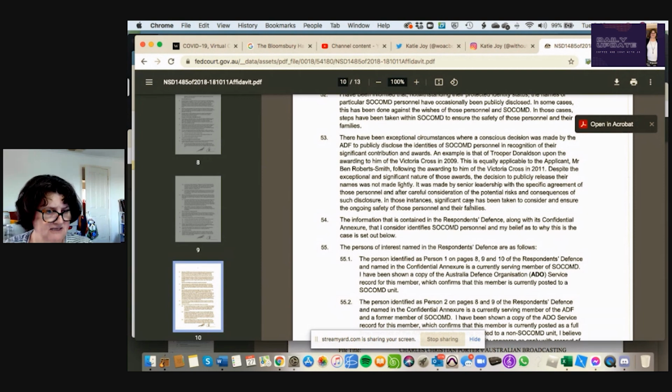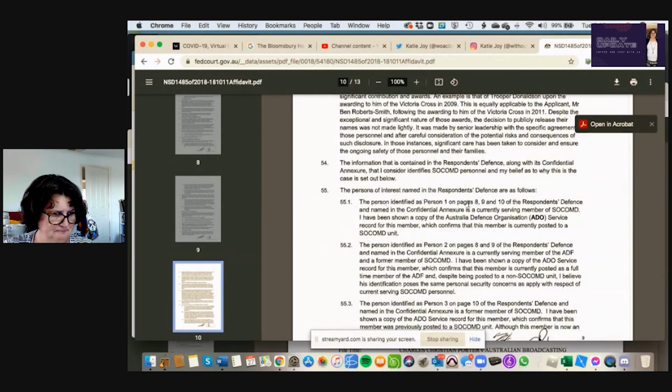It was made by senior leadership with the specific agreement of those personnel, and after careful consideration of the potential risks and consequences of such disclosure. In those instances, significant care has been taken to consider and ensure the ongoing safety of those personnel and their families.